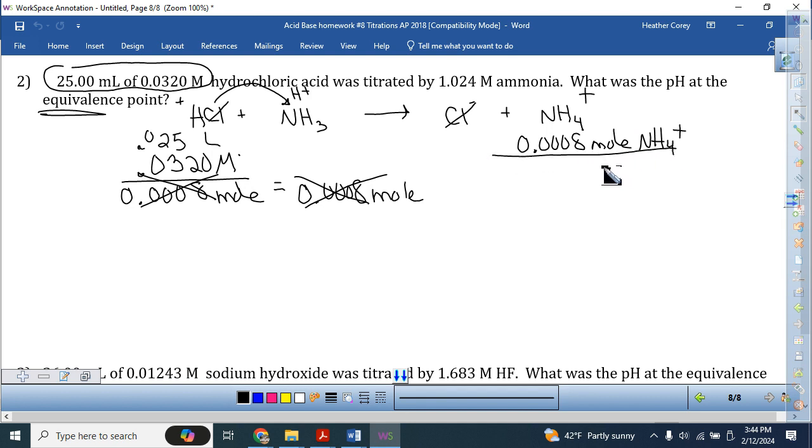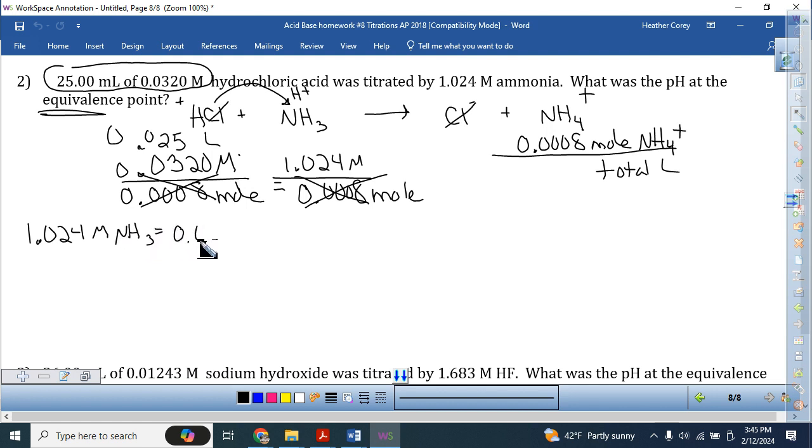All we need at this point is the total liters. So you can use MV. The amount of ammonia was 1.024 molar. You can use molarity equals moles per liter. You can use MV equals MV. Okay, and then if we switch it around, that's going to give us our liters of ammonia.